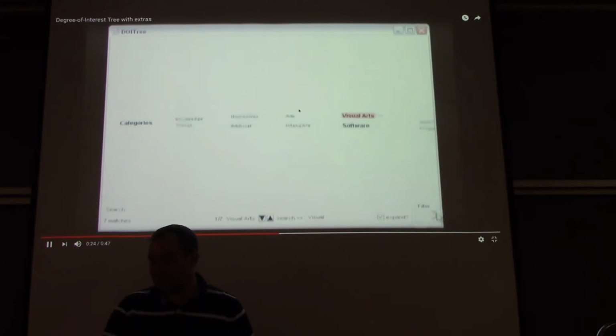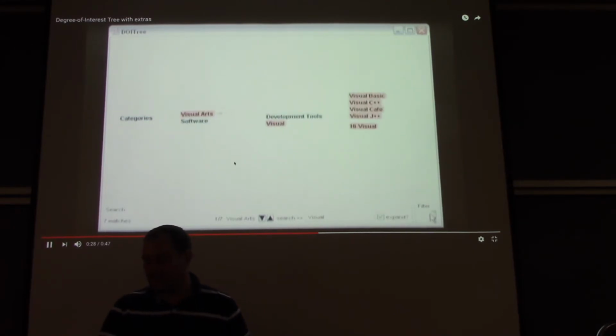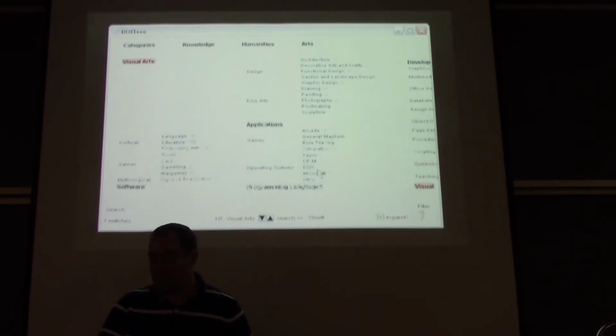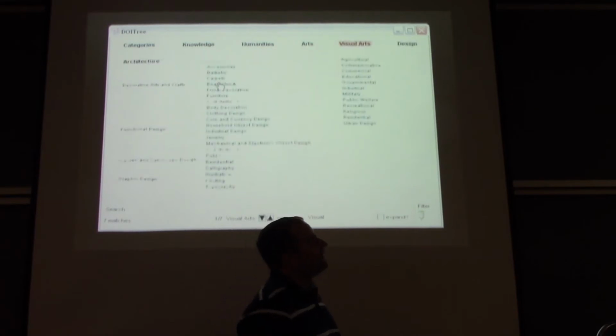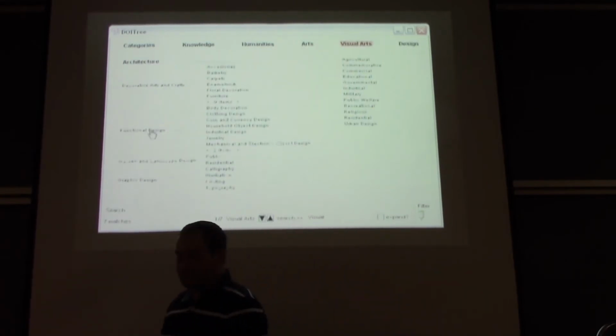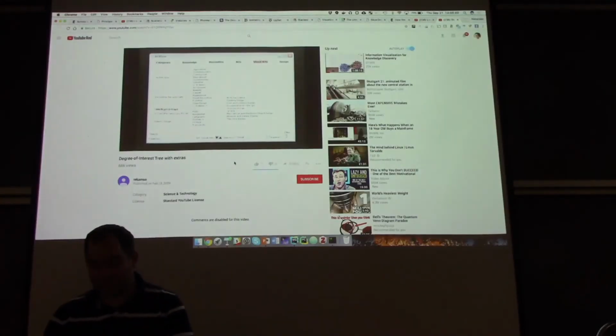You can see that these highlighted categories always remain in the view. There are many different applications for this. It doesn't have to be a hierarchical data set, although hierarchical data sets are usually given as an example.